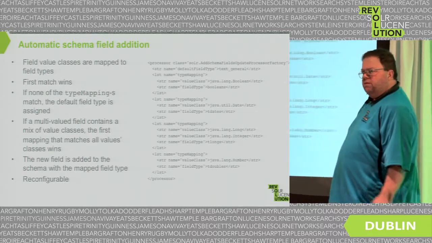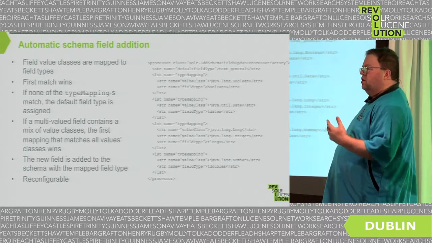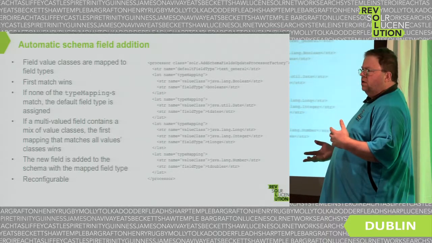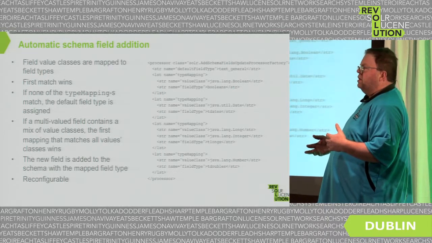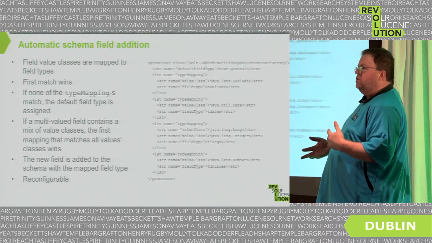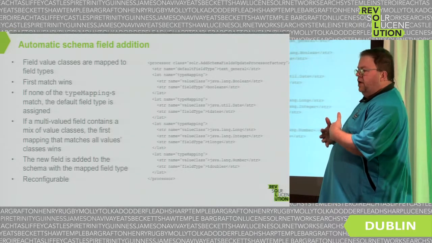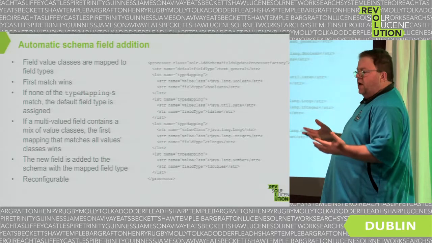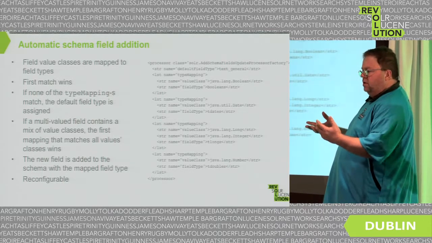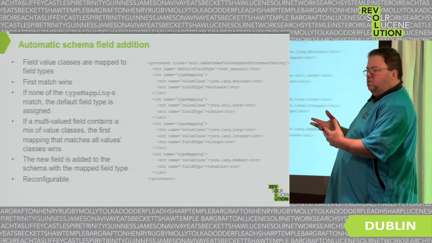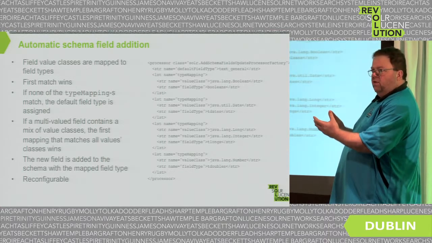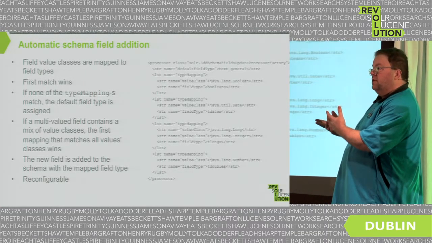For multi-valued fields, it's possible that you get a document in that has other processing applied to it, or say a JSON document that has a field with multiple values, one of which is specified as a string but is really numeric content, for example, and the other is, say, an integer.